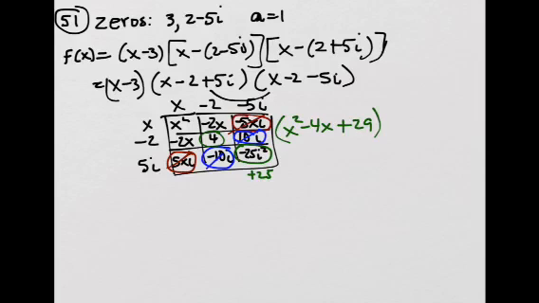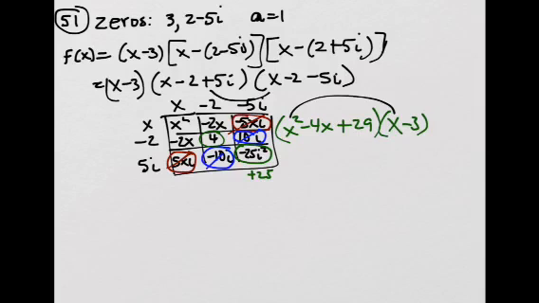So that times x minus 3. Okay, so don't forget the x minus 3. So you can do the distributive property or set up another grid, like a 2 by 3. Doesn't matter. So let's just do the distributive property straight from here.